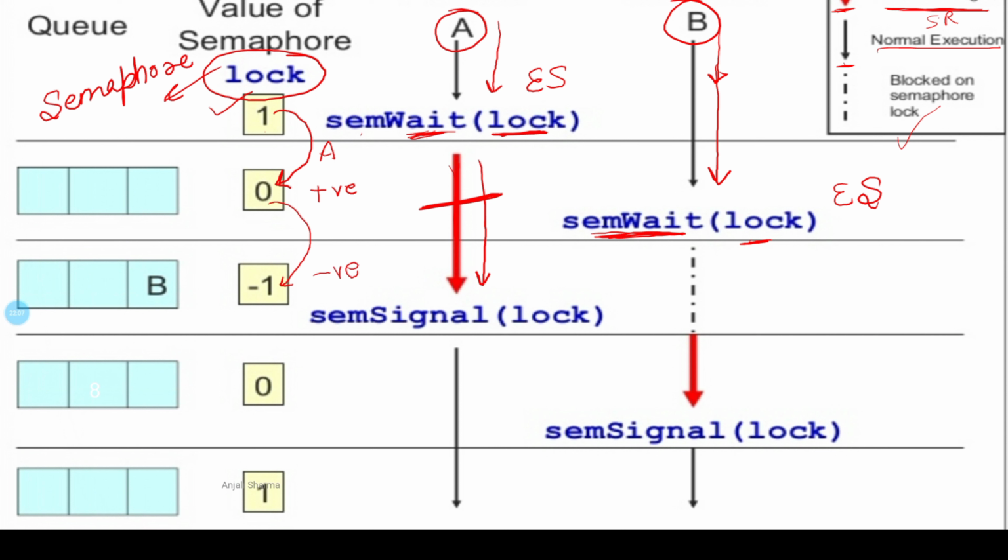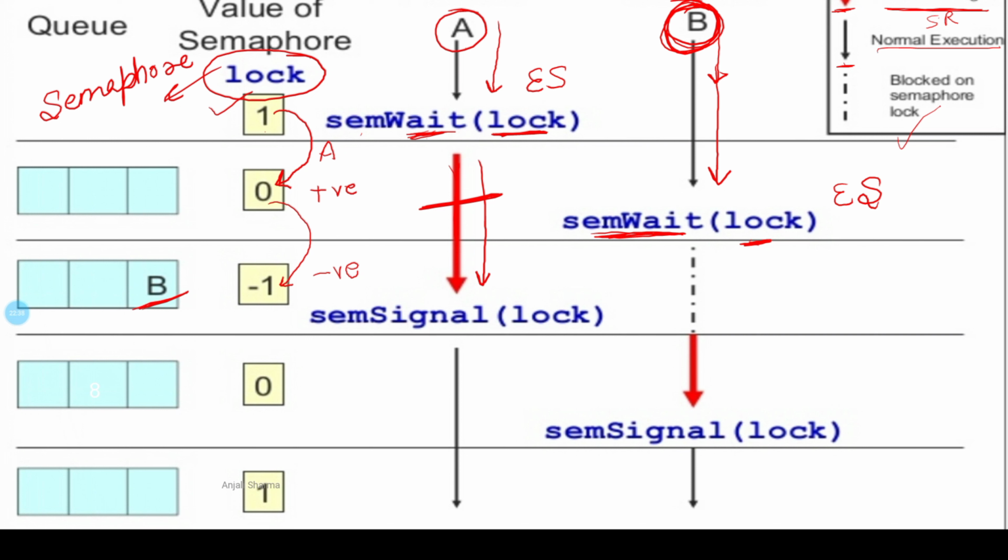You can see that the value becomes negative by process B. So it says that one process is already in the critical section; -1 indicates that. So you have to wait in the waiting queue. Right now you are not allowed to get into the critical section, so kindly go into the waiting queue and wait.